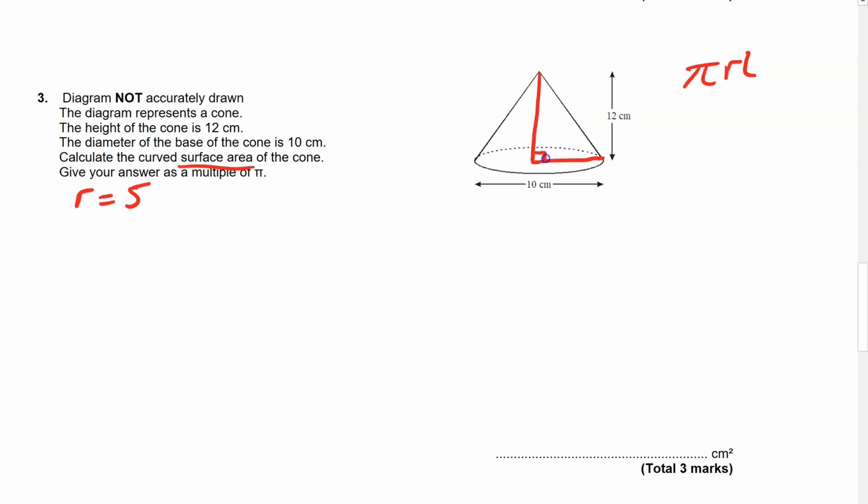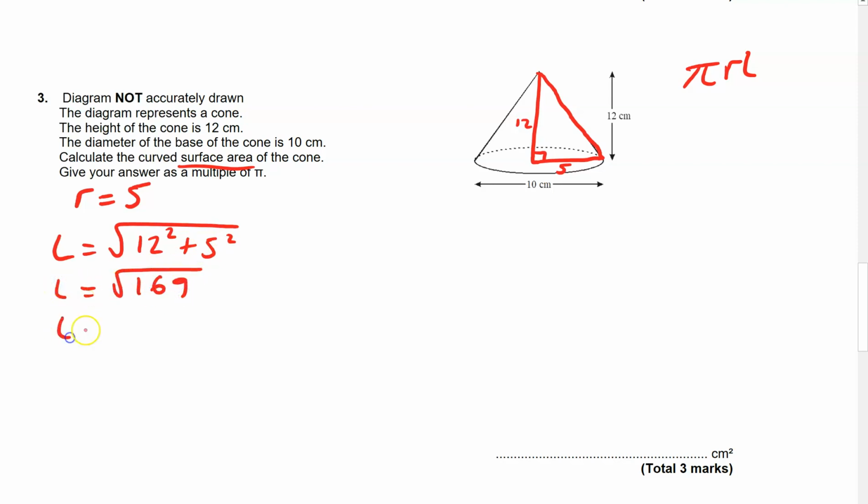So we've got a right angle triangle here, so we can use Pythagoras to find L, which is the slant length. L is going to be the square root of 12 squared plus 5 squared, which is root 169, which is 13.